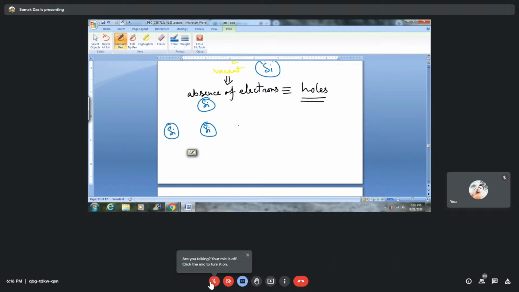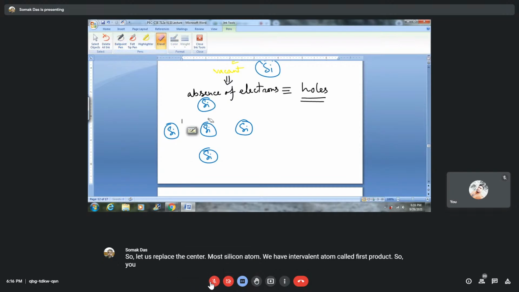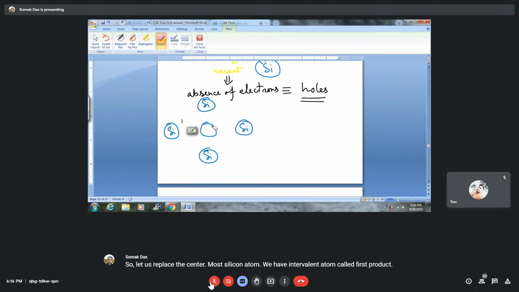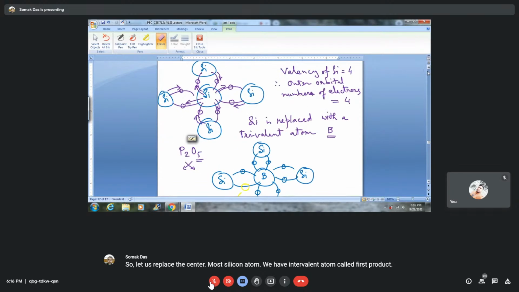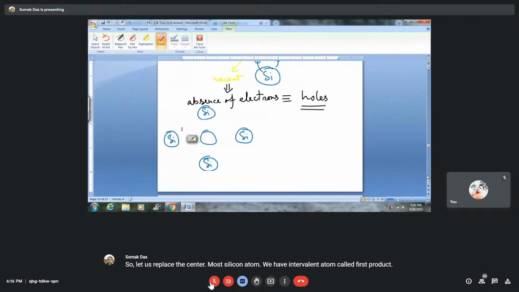So let us replace the centermost silicon atom with a pentavalent atom called phosphorus.